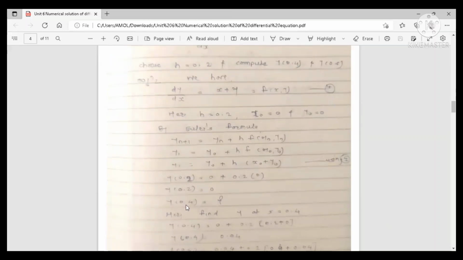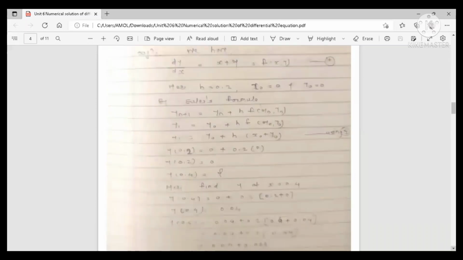Now when x is 0.4, what is y? Here to find y at x is equal to 0.4 means you are going to find y2. To find y2, it is equal to y1 plus h into f of x1 y1. What is your y1? Y1 is 0. Y1 means the value of y at x is equal to 0.2. It is 0.